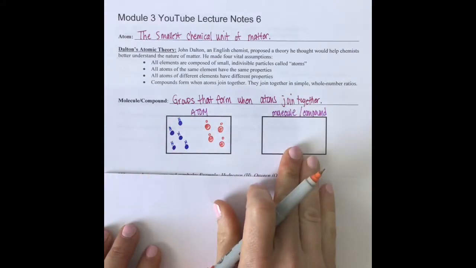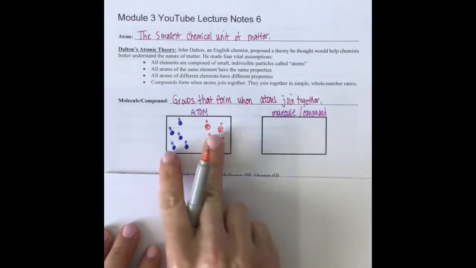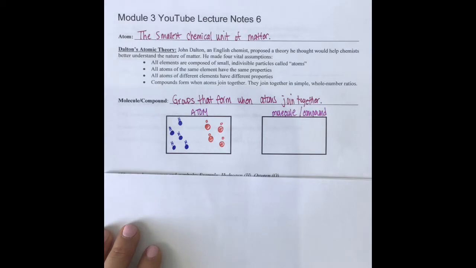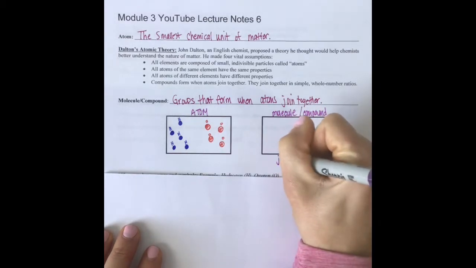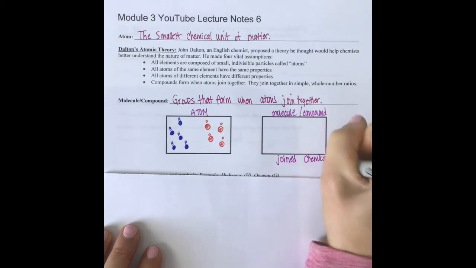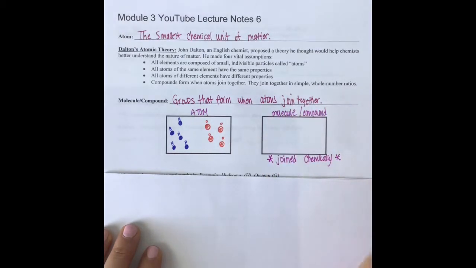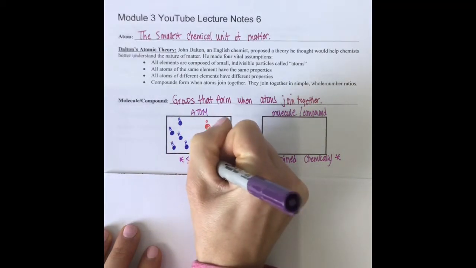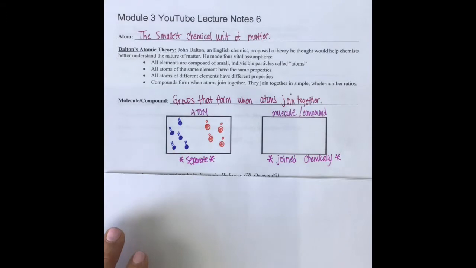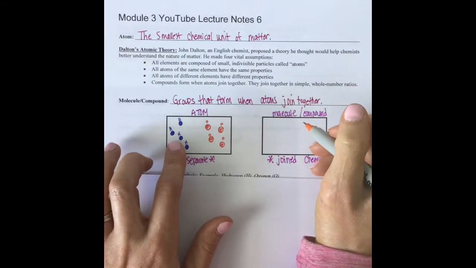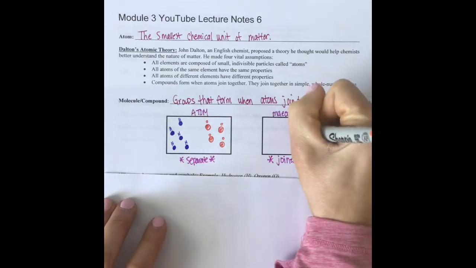Now, if we jump over to this box and we want to make a compound or a molecule, atoms need to be joined together, and they are going to be joined chemically. And that's done by bonds. So joined, we'll say these are separate. So let's join some oxygen to hydrogen and let's make a water molecule.